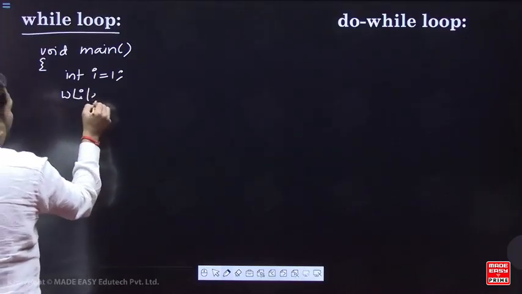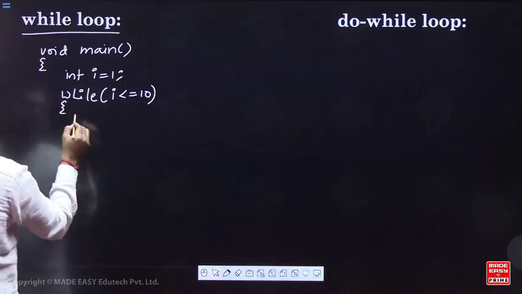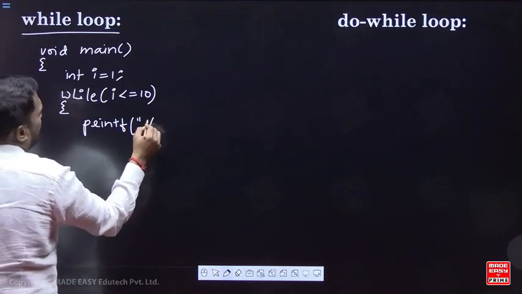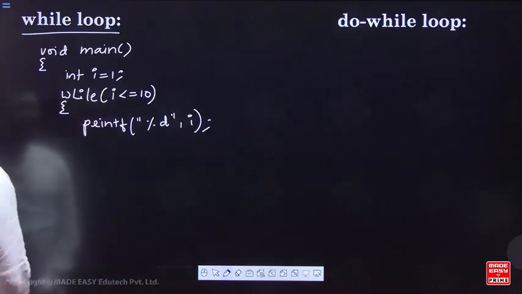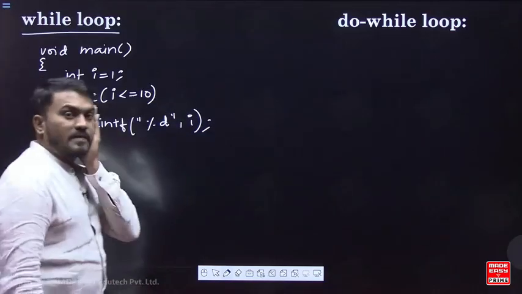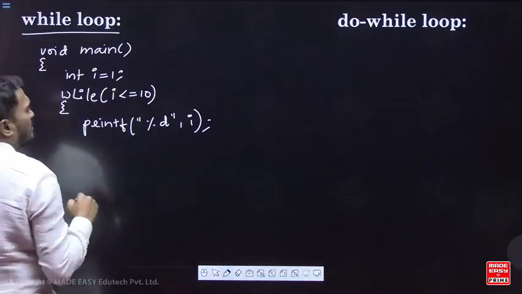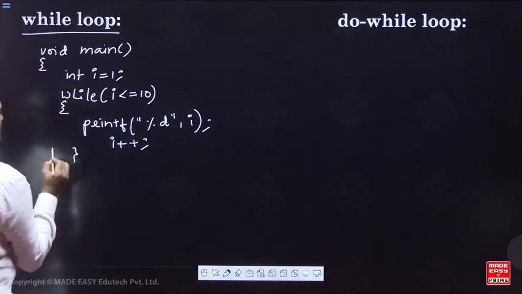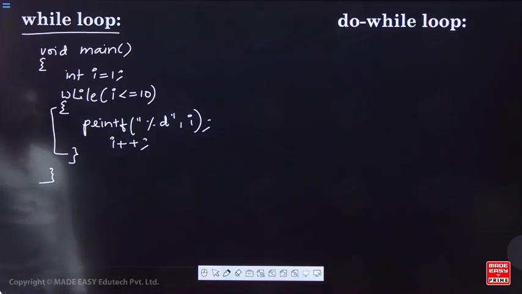While i less than or equal to 10, what will you do? printf percentile d, i. Percentile d is a format specifier to print what? Integer. So printf percentile d, initially i value is 1, and next you will say what? i plus plus. So that's it. This is the closing of the while loop and closing of the main.